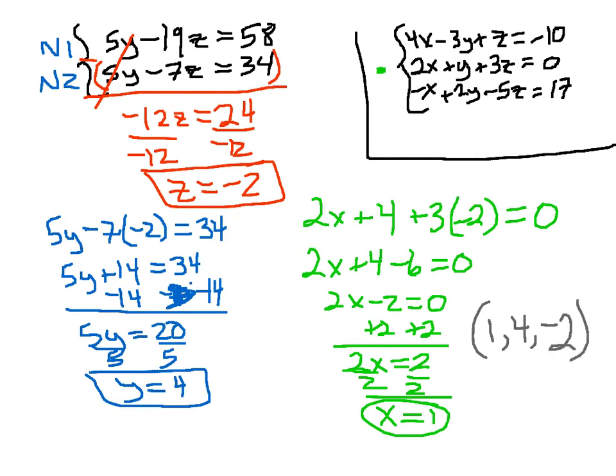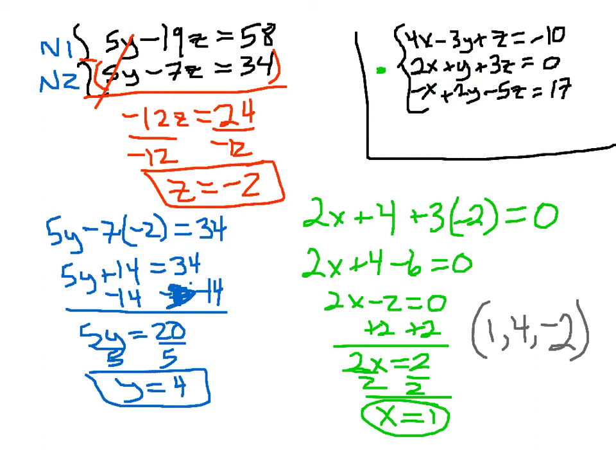Just to summarize and make a final point here, at the very beginning I selected my first equation and my third equation and separated those, and then I used my second and third. And my goal was to eliminate the x's. I just want to say again that it doesn't matter which two equations you group together or which variable you eliminate. I could have grouped the first two and the second two together and eliminated the z's first, or I could have eliminated the y's.